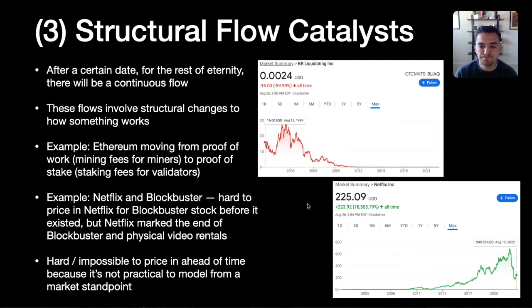And you can see in these two charts, the top chart is the historical Blockbuster stock price, which is now known as Blockbuster Liquidating Inc. It's basically just a dead company, and you can see it was trading at $20, $30. Netflix was technically founded in the late 90s, but you can see on the chart below, the Netflix share price chart, they really didn't start gaining a lot of traction until the mid 2000s.